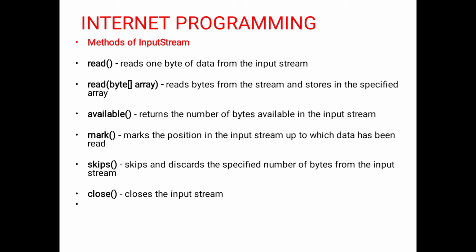So from input devices, like the keyboard, you can read 1 byte of data, or from the mouse, whatever it is, using the input stream. The next one is read(byte[] array). Here it reads bytes from the stream and stores them in the specified array.